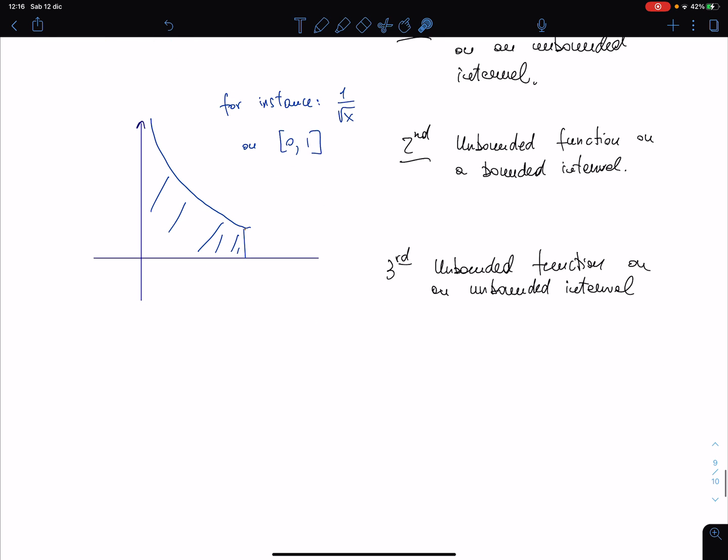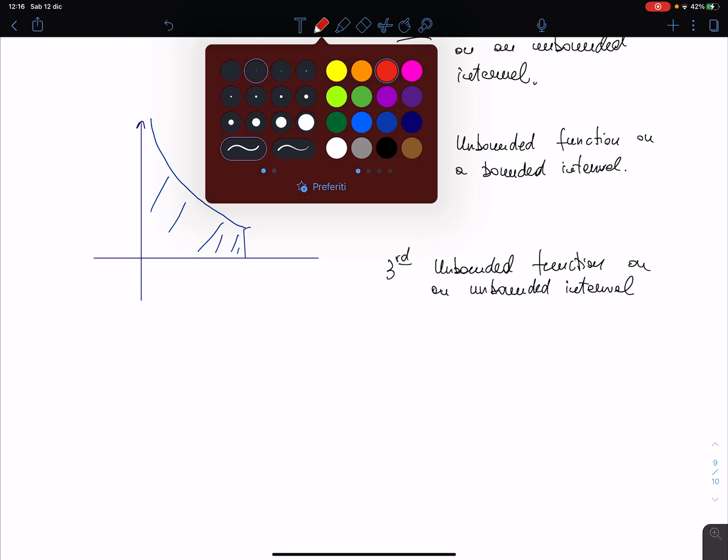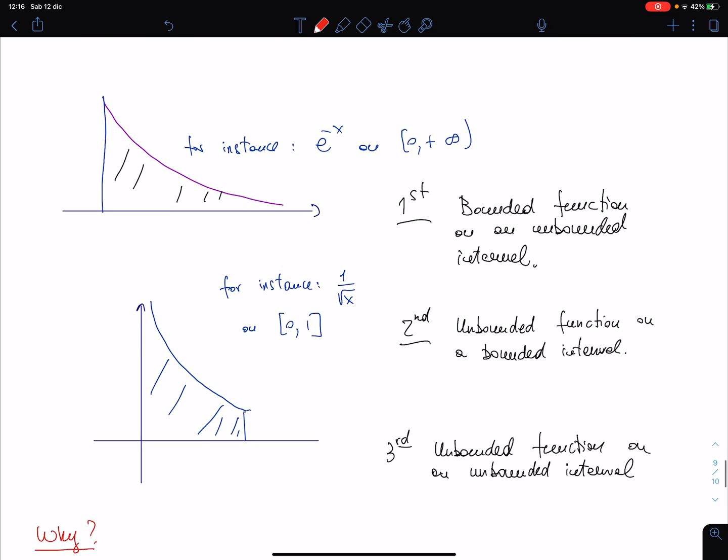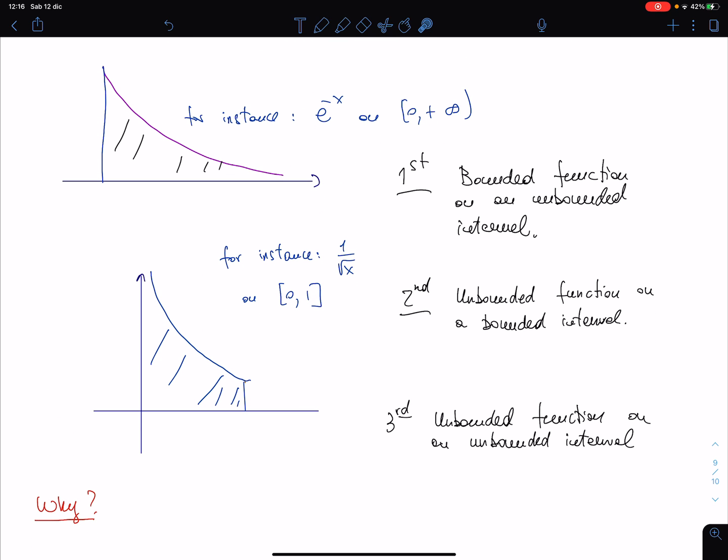But one can also ask why to study these strange things? The idea is that, of course, when you compute the area of a finite region, you can imagine as an application that you have a wall, a bounded wall.